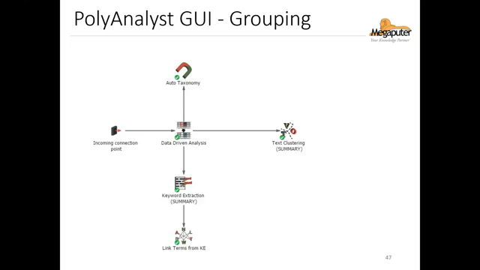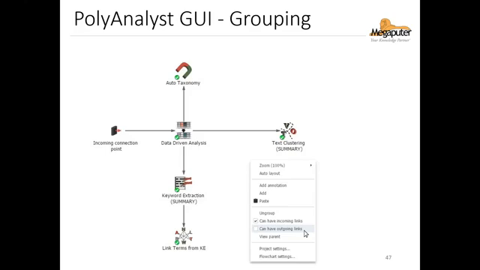And we now want to connect this group part of the workflow to where the main workflow is. In order to continue that analysis, we right-click anywhere on the flow chart, inside the group node at least, and select "can have outgoing links."